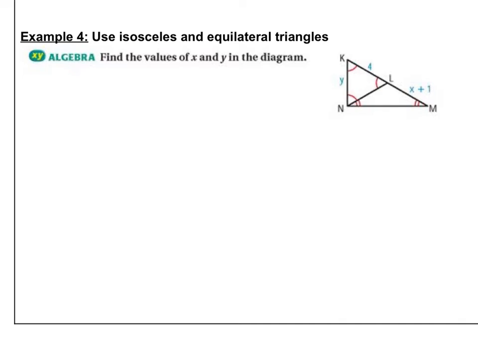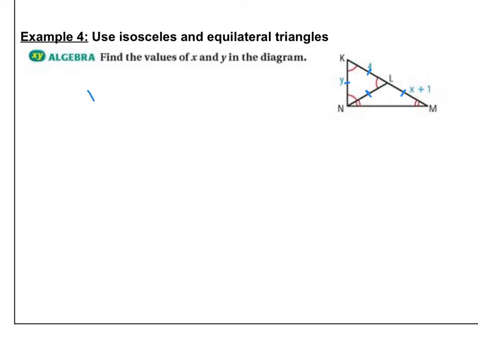So the first thing I will do is look at my congruent angles, and if all 3 are congruent, then to me that means all these sides are congruent. Then if I come here, I have base angles, and the sides opposite them are congruent. So actually, all 4 of these sides are congruent.